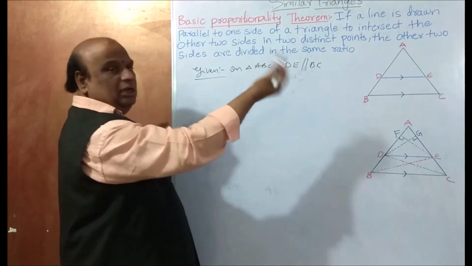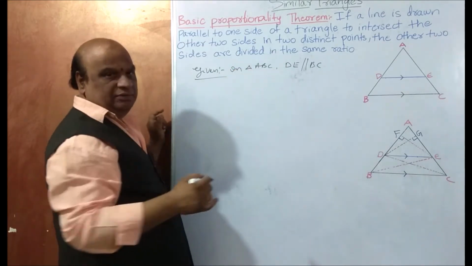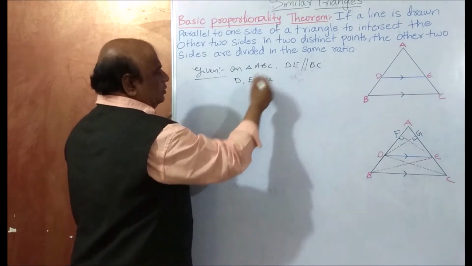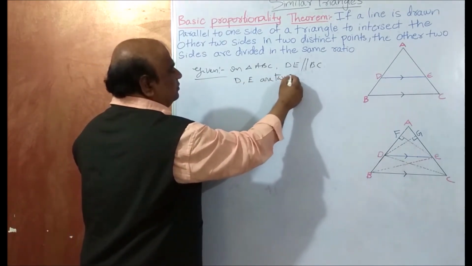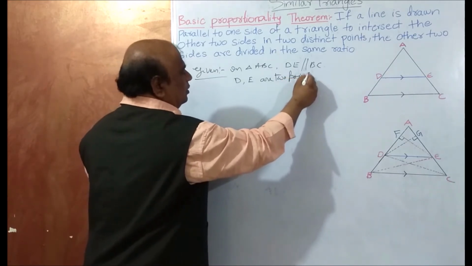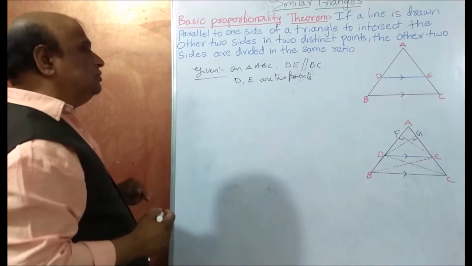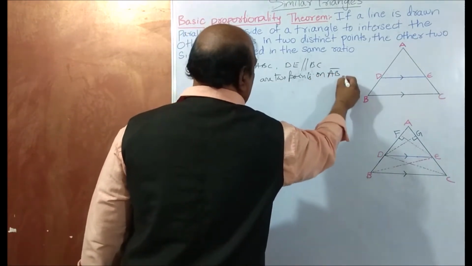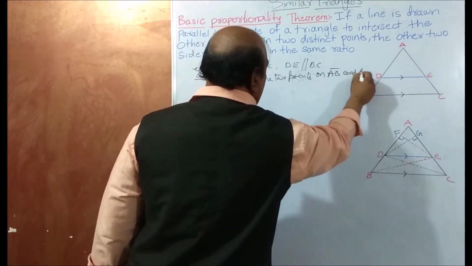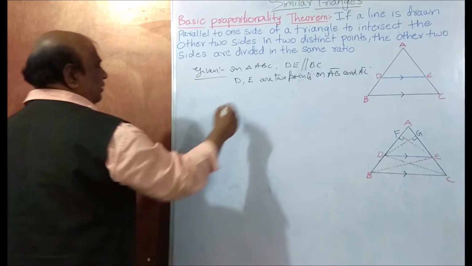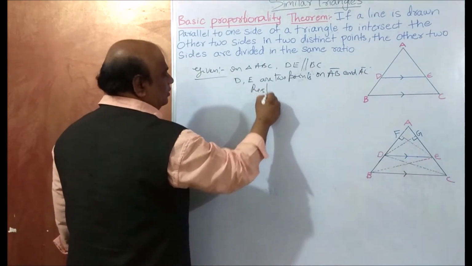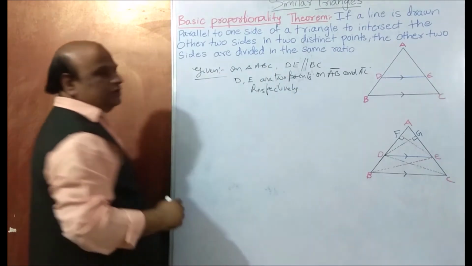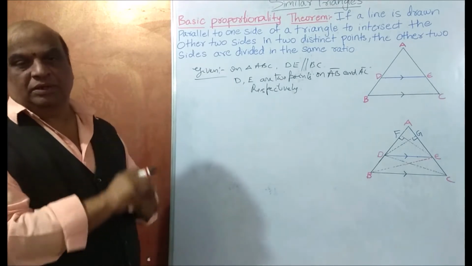D and E are two points on AB and AC respectively. So this is the first part. This is the given part.